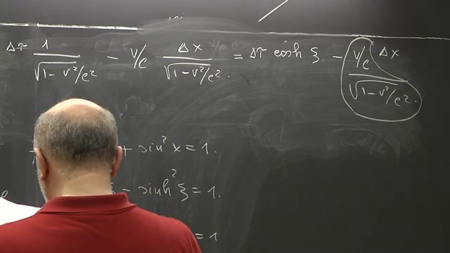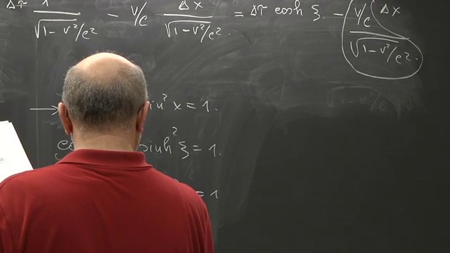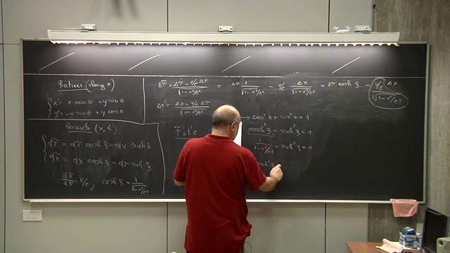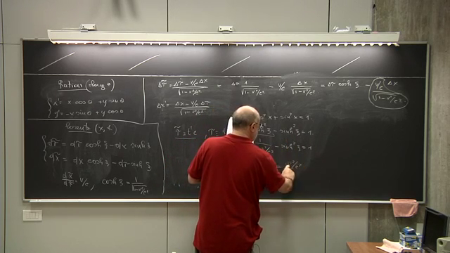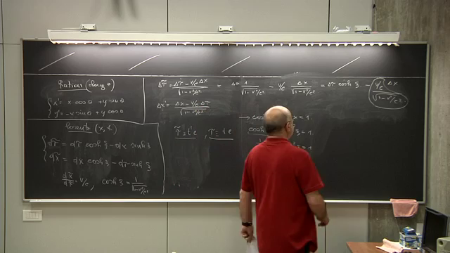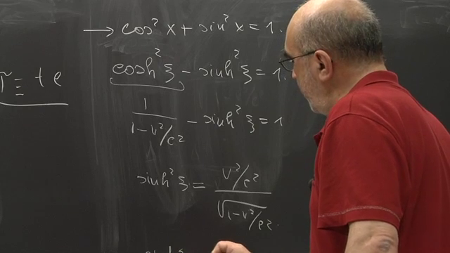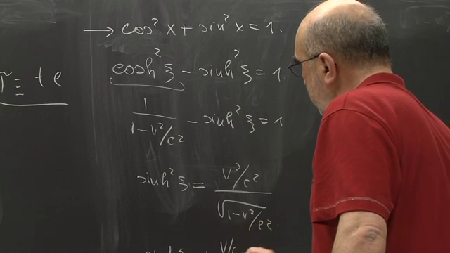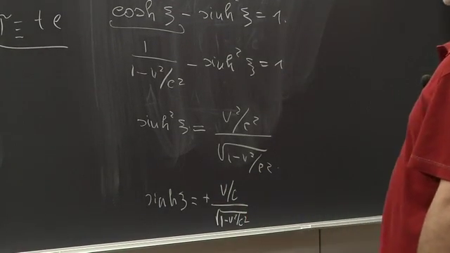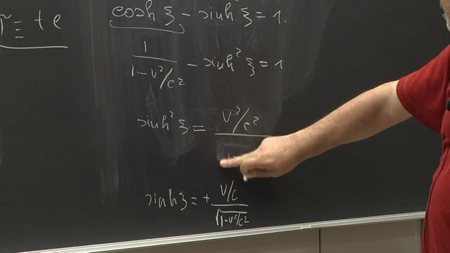From here we derive what sine hyperbolic squared is: you bring it on the other side and you get the plus, bring the 1 on this side, and you get that it is equal to v squared over c squared over 1 minus v squared over c squared. So the sine hyperbolic of psi, if I choose the plus sign, is this quantity. Sorry, here is right. There is no square root.